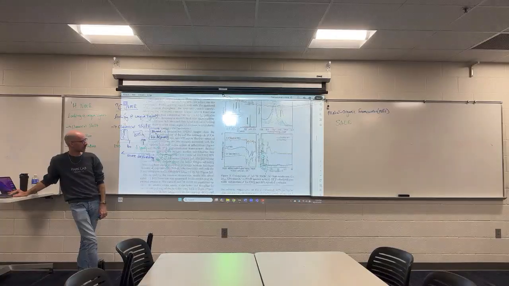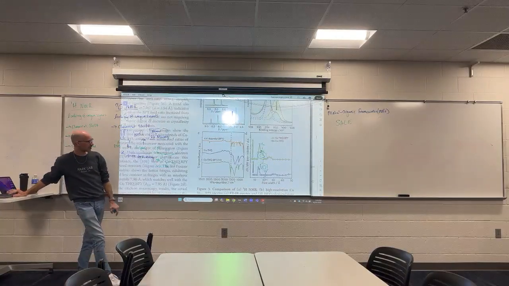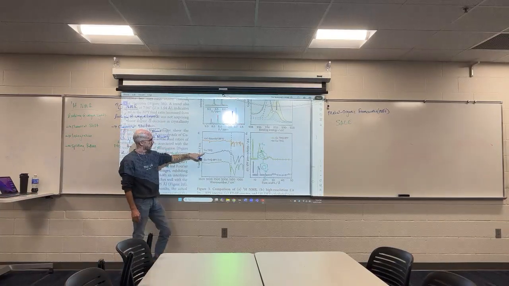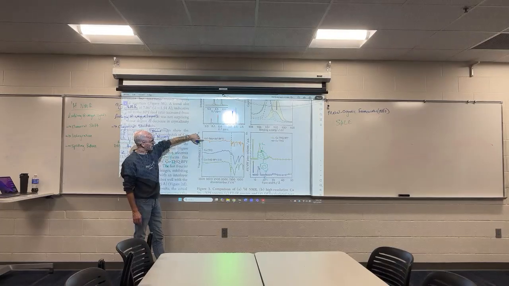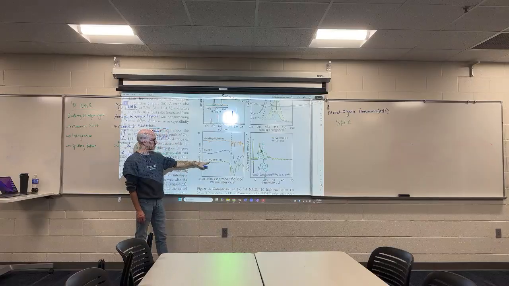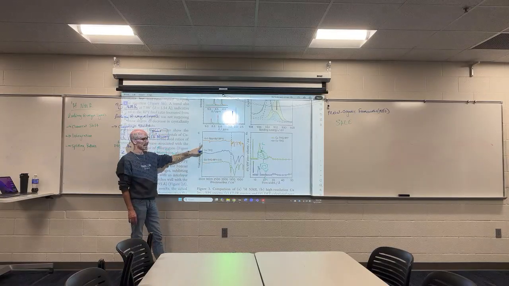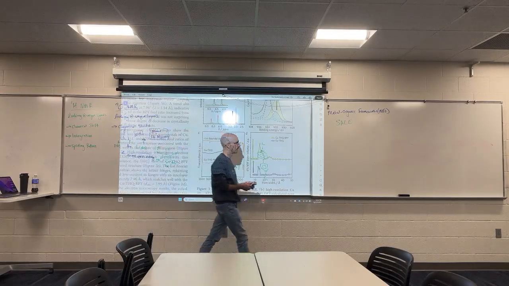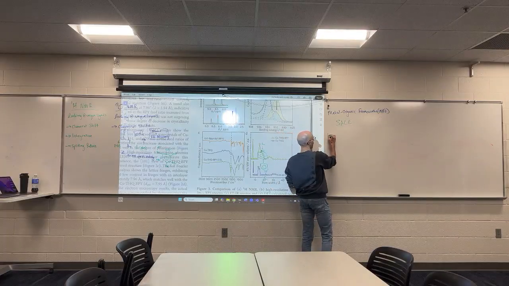So I took the starting material, copper THQ, I took the bipyridine compound, and I took the mixture of them, copper THQ bipy, and I analyzed their infrared spectra.